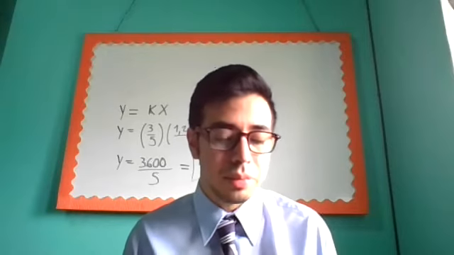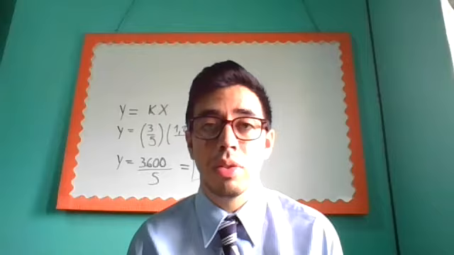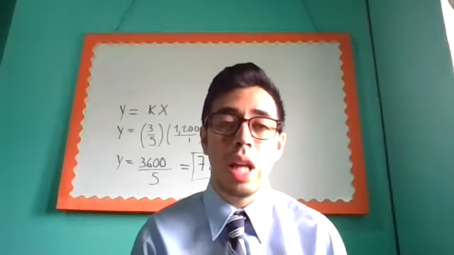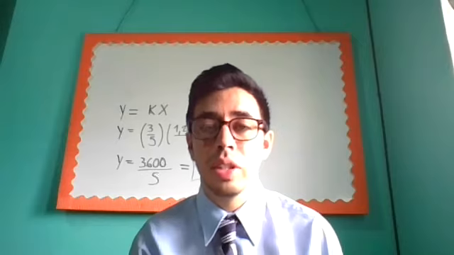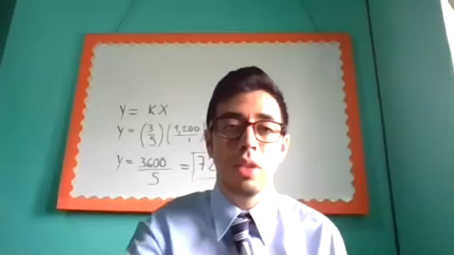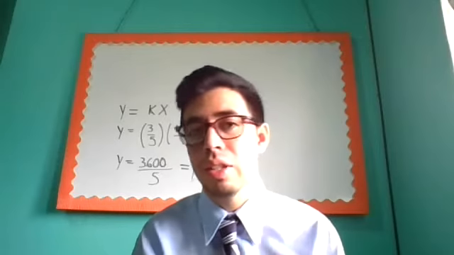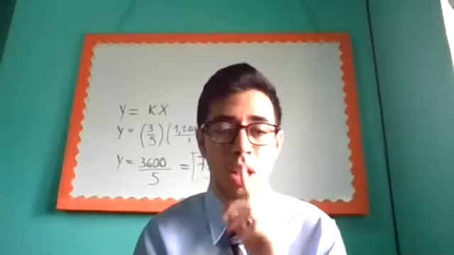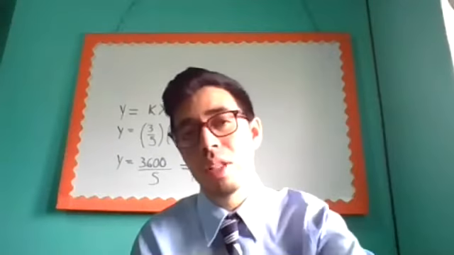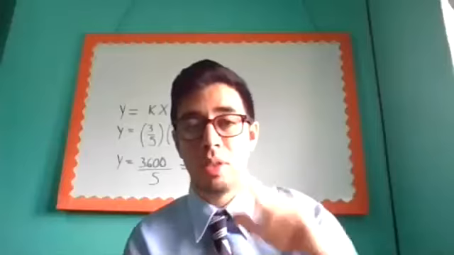Now, exercise B is a proportional relationship because you have y equals 1000x. You have 1000 times x, and according to the value of x, the value of y is going to change. You increase x, it's going to increase y, or you decrease x, it's going to decrease y.